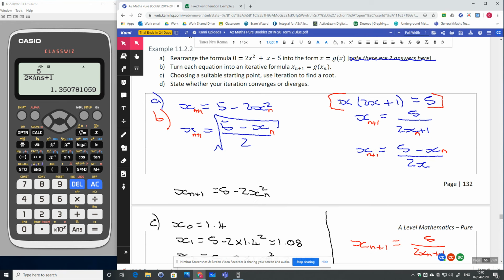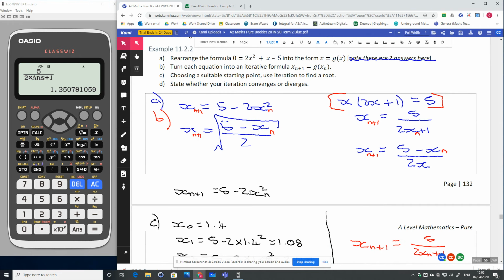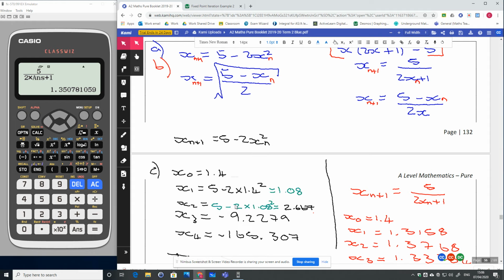You've got 2 more of these that you can try it with, see which ones are working and which ones aren't. From a graph point of view, it's to do with the gradient, and we'll come on to that in one of the later topics. So if you've got a steeper graph, when we were dealing with this, the negative 2x squared is quite a steep graph, and therefore we ended up diverging, whereas 1 over x is a shallower graph at the points that we were looking at.